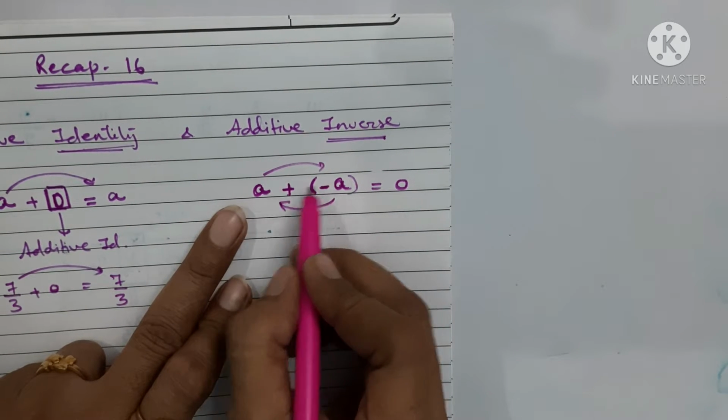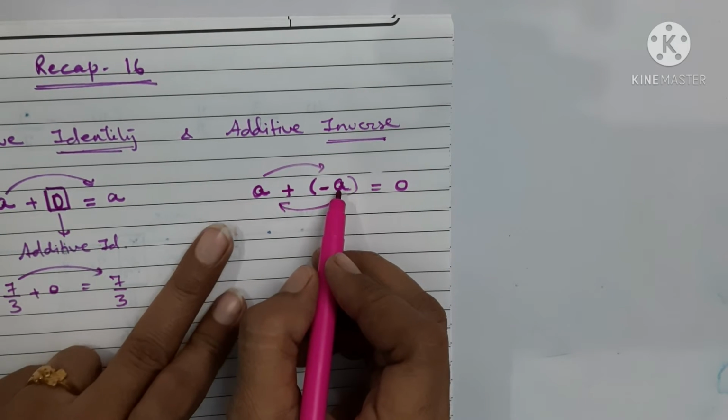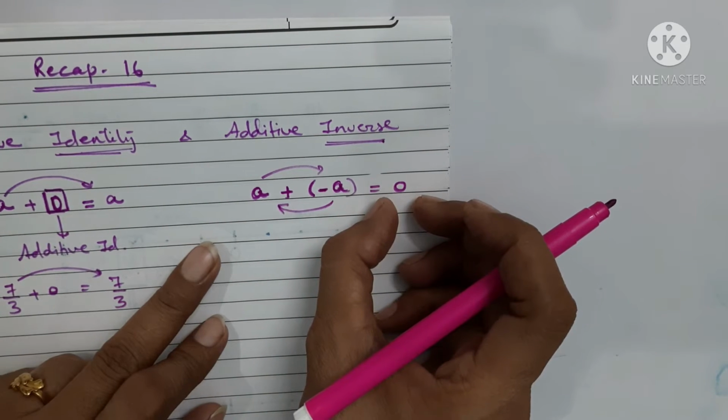These two are additive inverses of each other. What is happening in this case? When two numbers are added, they give you 0.